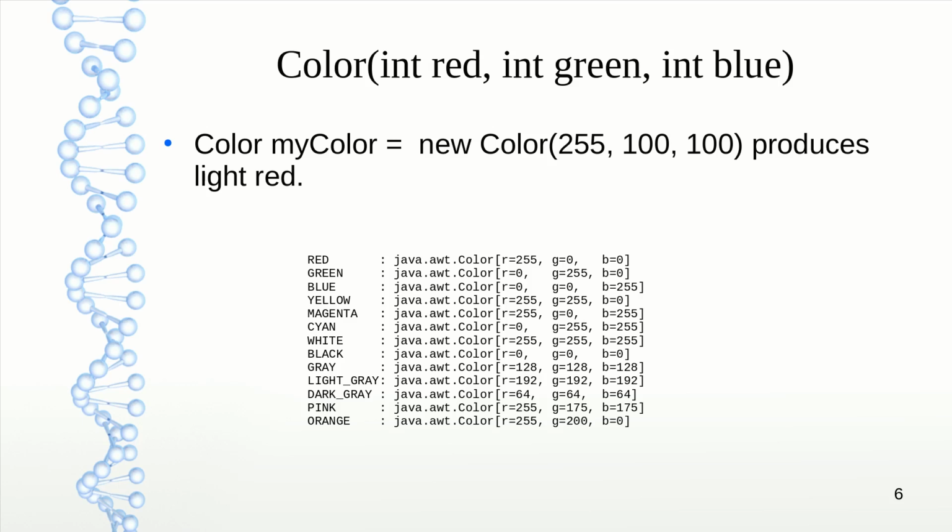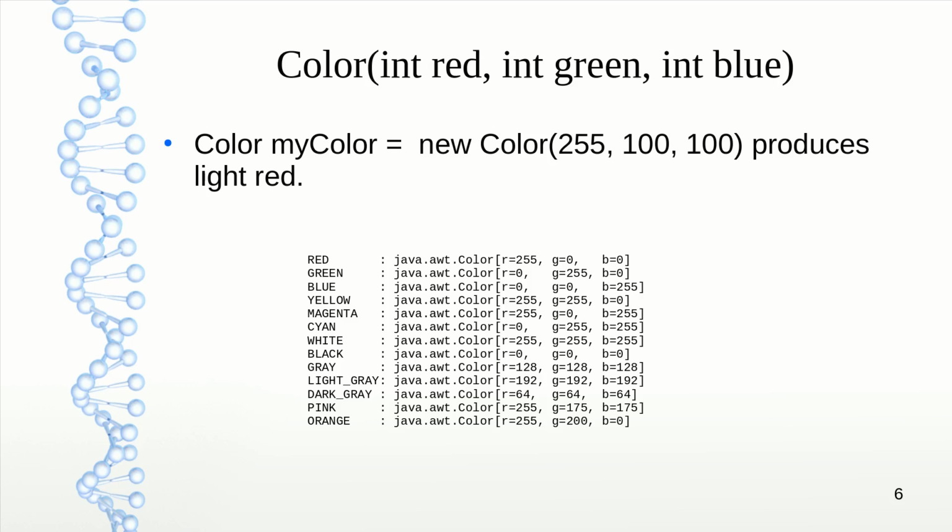This is the most popular constructor where we pass three different integer values for red, green and blue. These integer values range from 0 to 255. That is, it is actually represented using a byte for each color, and the different values of red, green and blue are represented using these bytes.